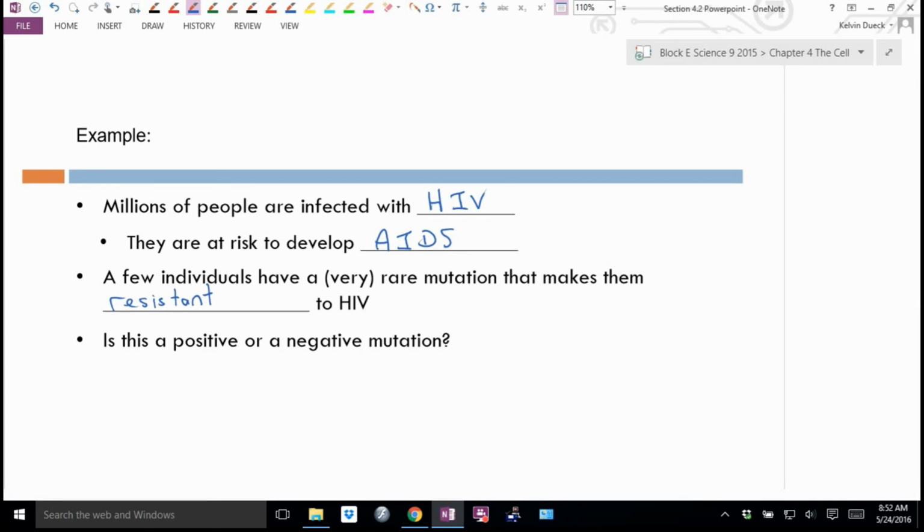Is this a positive or a negative mutation? I believe there's a gentleman in Germany whose body has actually cured itself, the same way you get better from a cold. They're studying what his blood is able to do and seeing if they can use that as a cure or a vaccine or a treatment. Very rare.